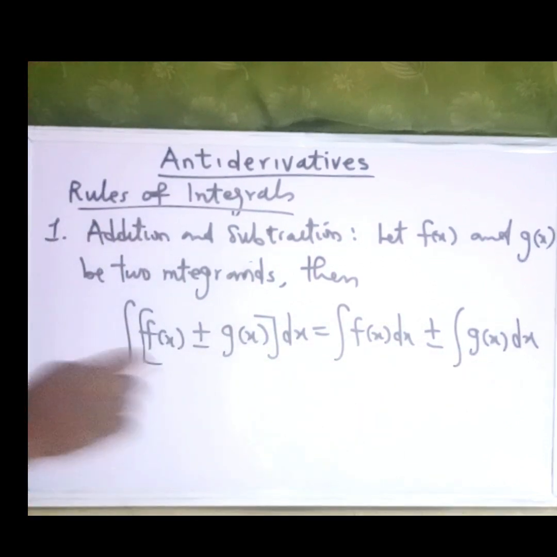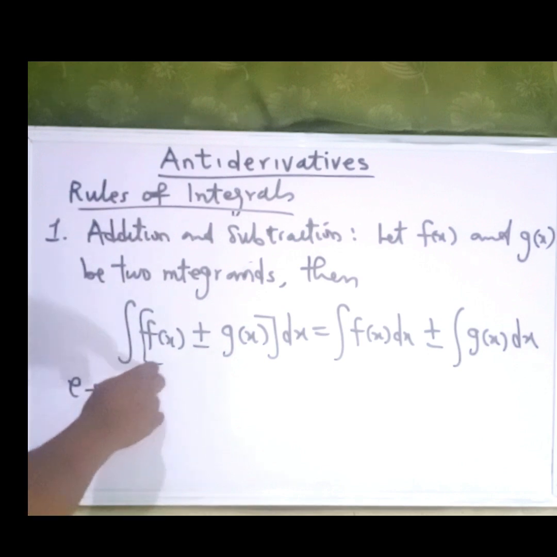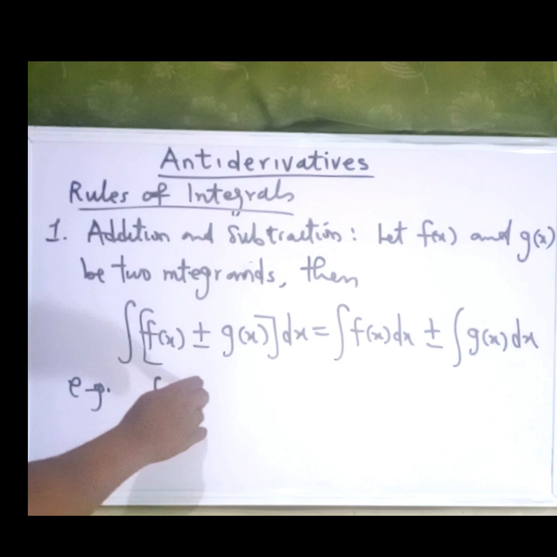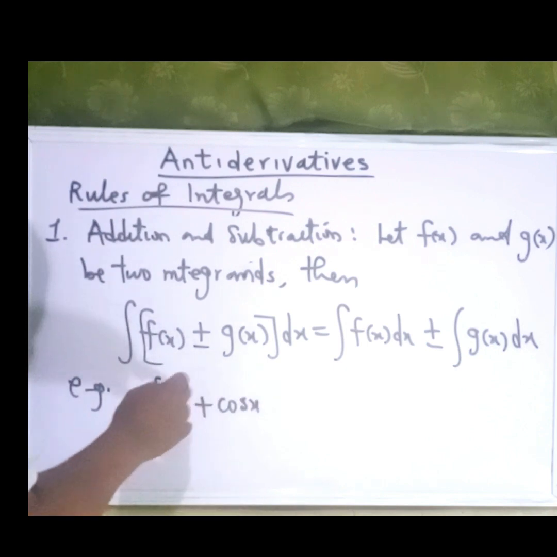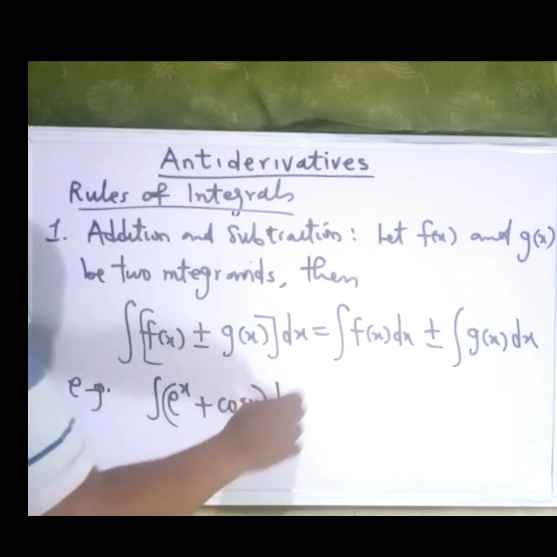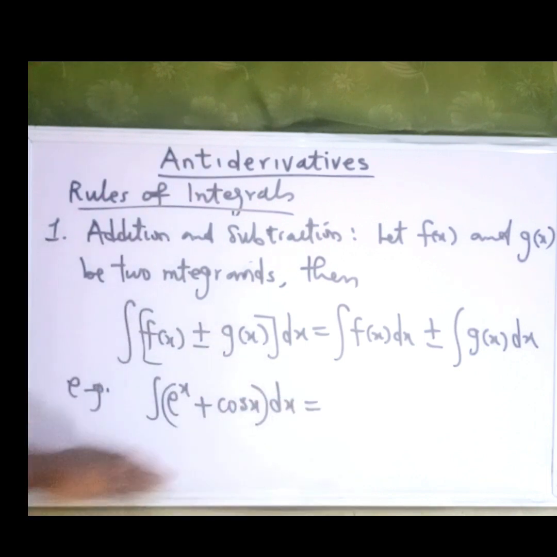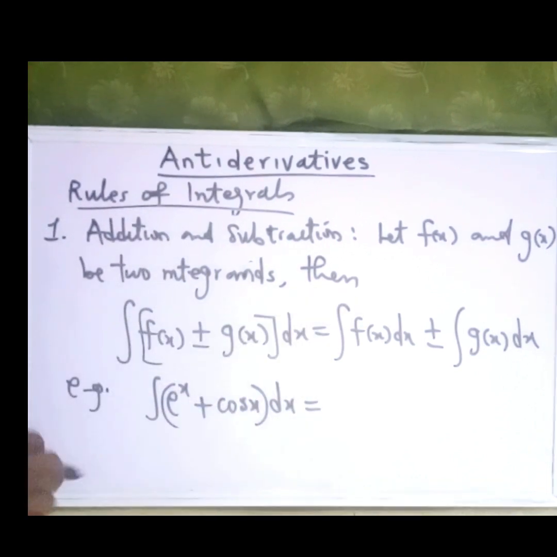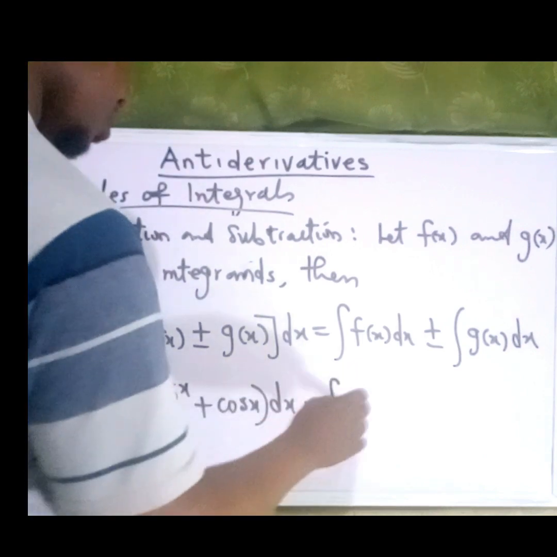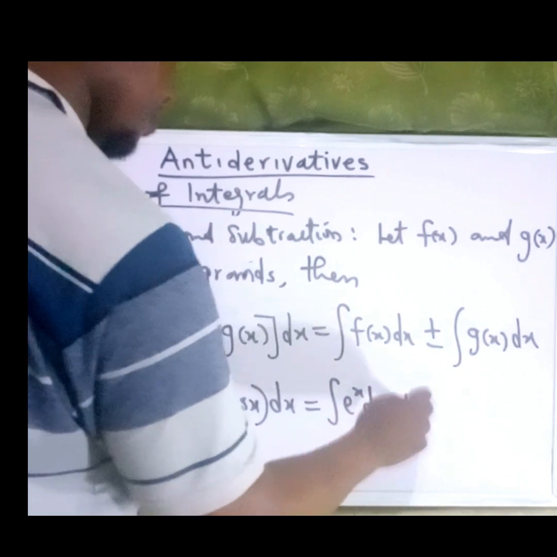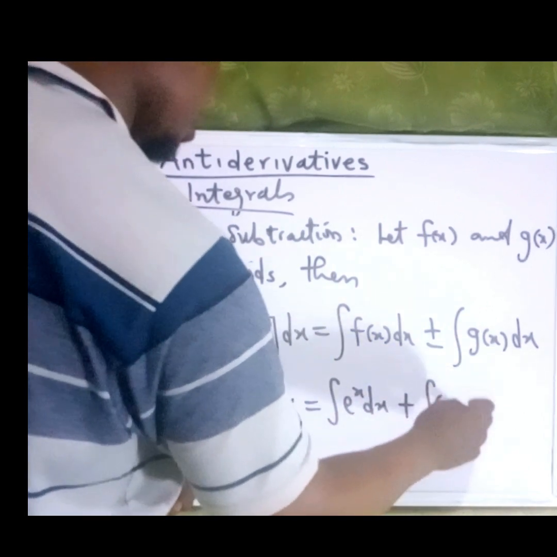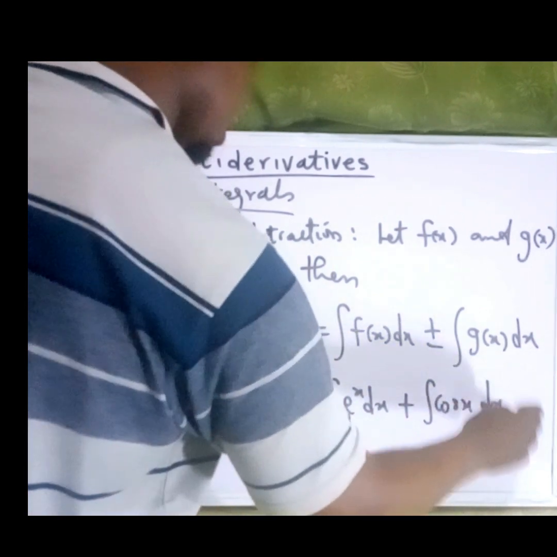Okay, so let's consider an example. If you have to integrate the function, this, going by the rules that we have explained, this means integral of this dx plus integral cos x dx.